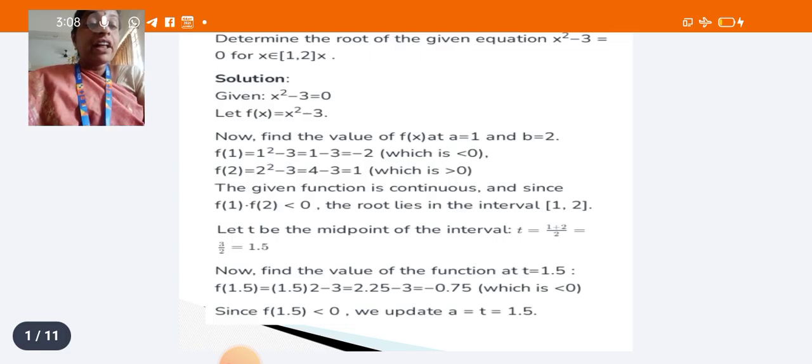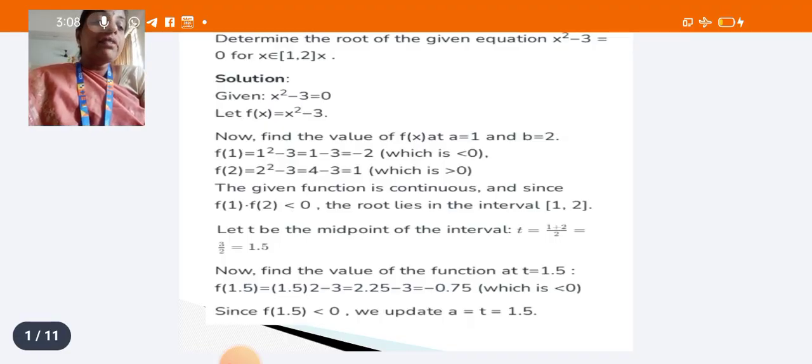Now we find the value of f(x) at a = 1 and b = 2. f(1) = 1² − 3 = 1 − 3 = −2, which is less than 0. f(2) = 2² − 3 = 4 − 3 = 1, which is greater than 0. Here the sign changed. The given function is continuous, and since f(1) × f(2) is less than 0, the root lies in the interval (1, 2).